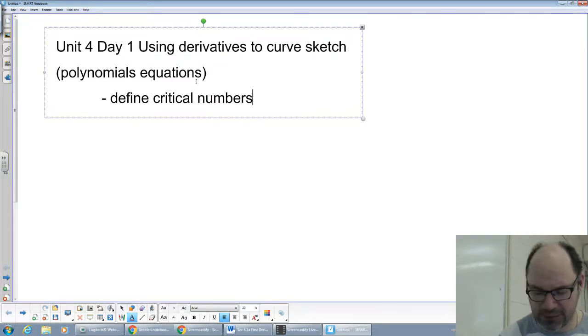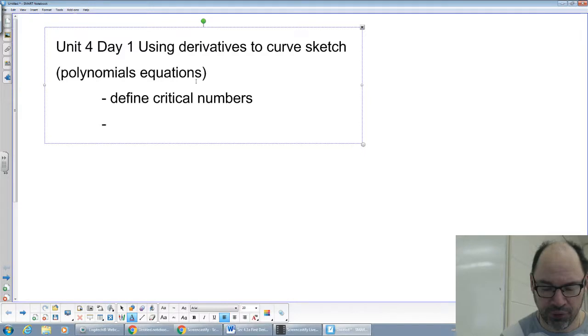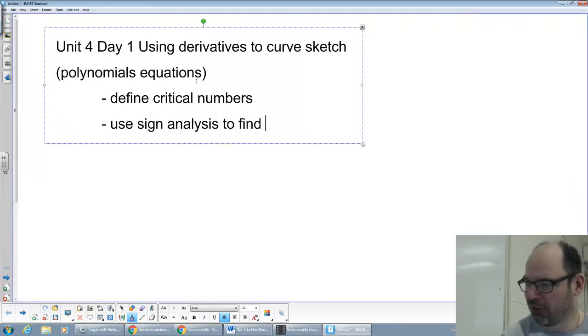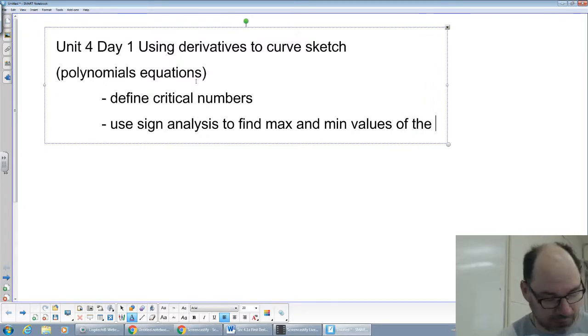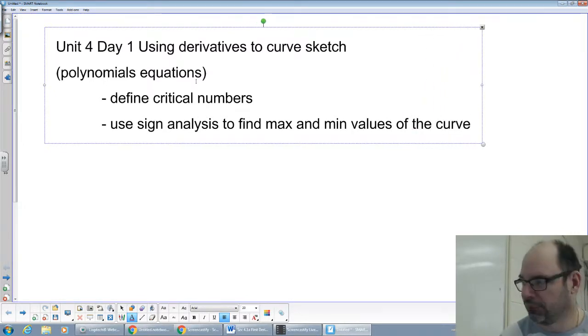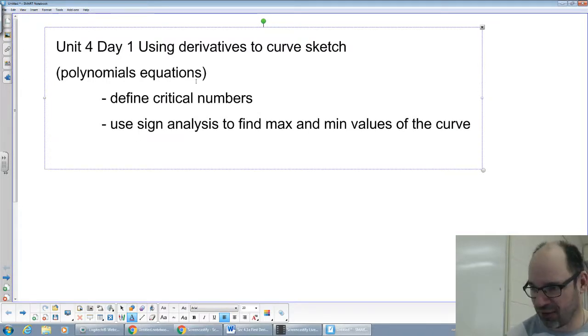Find critical numbers, and use sign analysis to find max and min values. And that's what we're going to do. I'm going to do some examples in there as well.